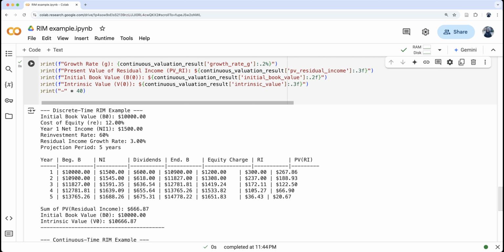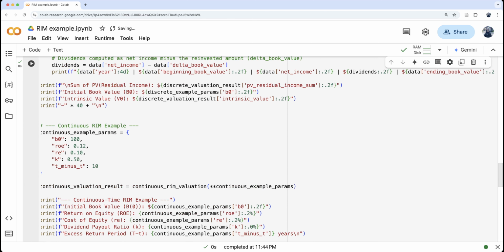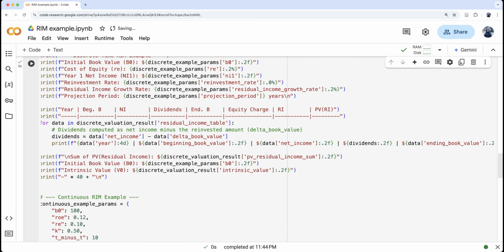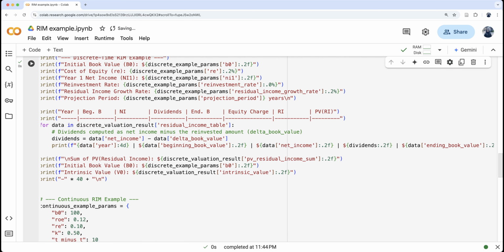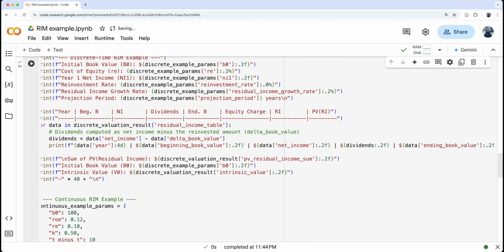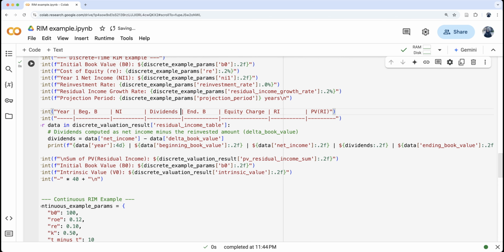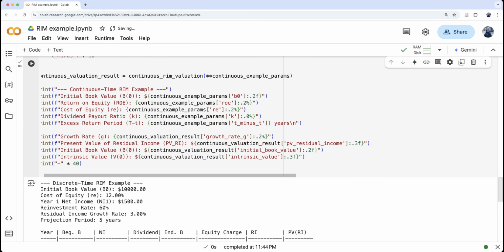So dividends, okay, well, this is not enough, but let me delete the s. Does it work? Yes.